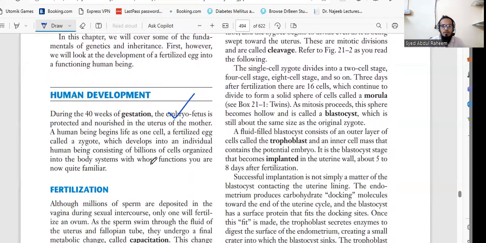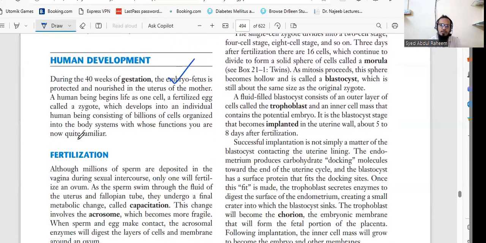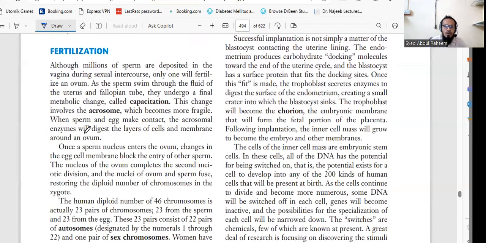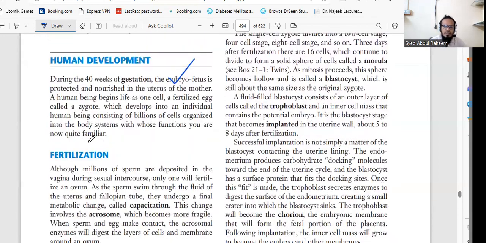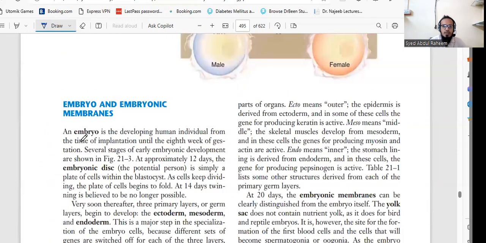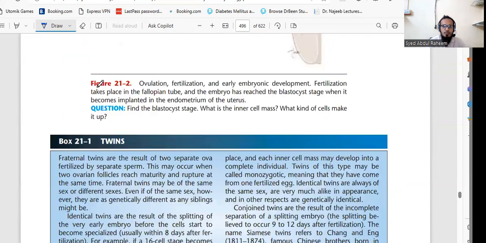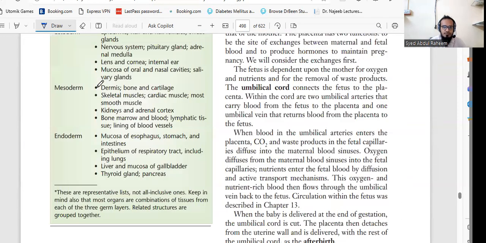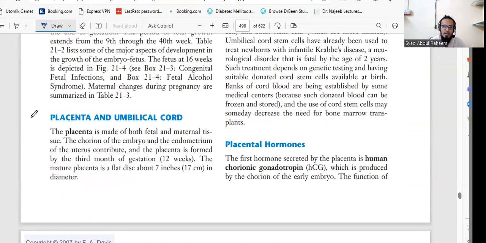So how will human development happen? Let's talk about further. We have steps. First is fertilization. Next is embryo and embryonic membrane. Next we have placenta and umbilical cord, placental hormones.